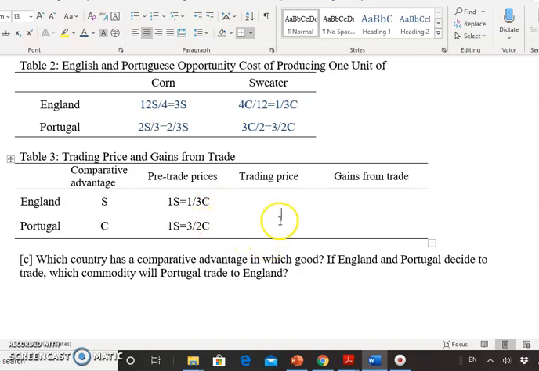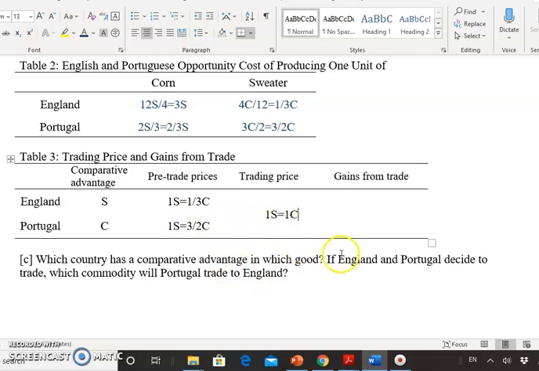Now, in this case, to be able to proceed, we just arbitrarily pick one value in between. So let's say one sweater equals one corn. This way, I think it will be pretty easy for us to do the math.